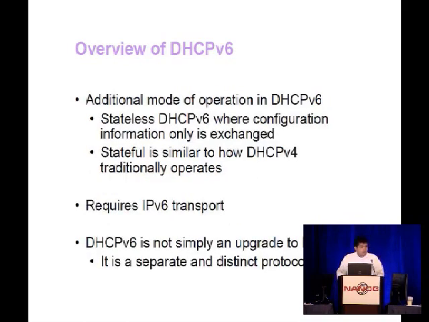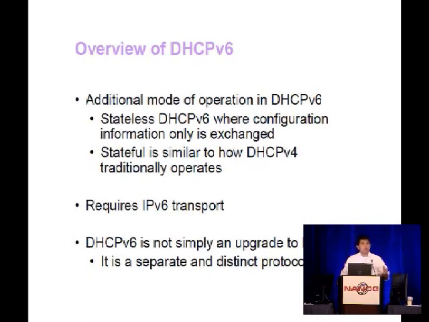Another difference that we have with DHCPv6 is we have another mode of operation. We call it stateless DHCPv6, which, generally speaking, is something that we don't have in V4 land. And this basically gets coupled with something like auto configuration or static address assignment, where you have an address through some other mechanism, but you still need configuration information.